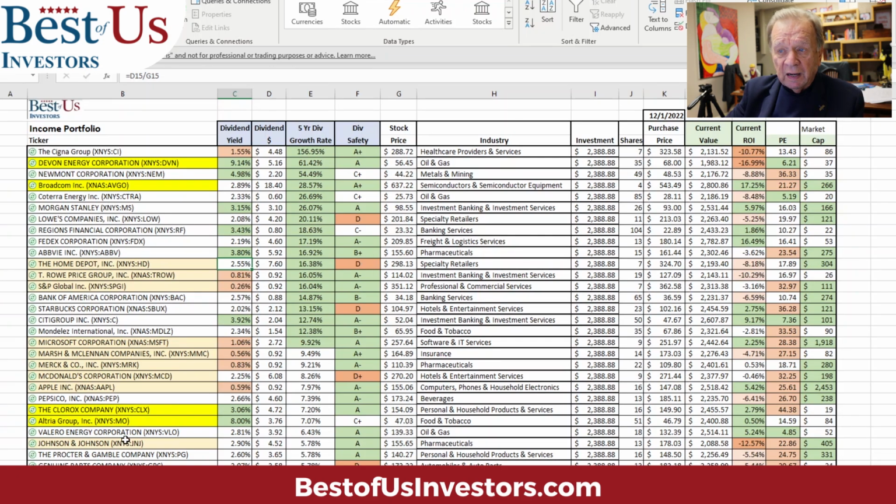Here's another one that I own. You see that the price has just changed again. Clorox, I get a 3.7. The dividend is growing at 7% over the last 5 years. Very safe. I also own Altria, the cigarette company, 7.99% dividend, got a growth rate, and safety is a C+.